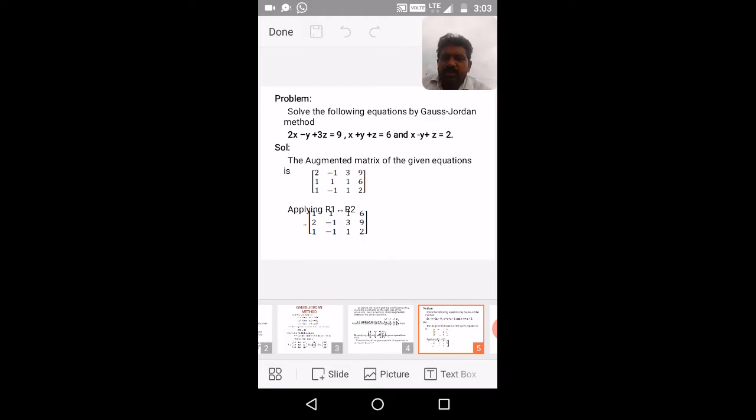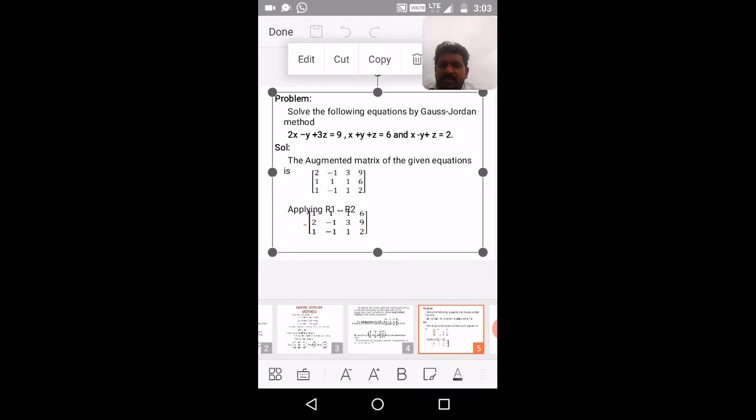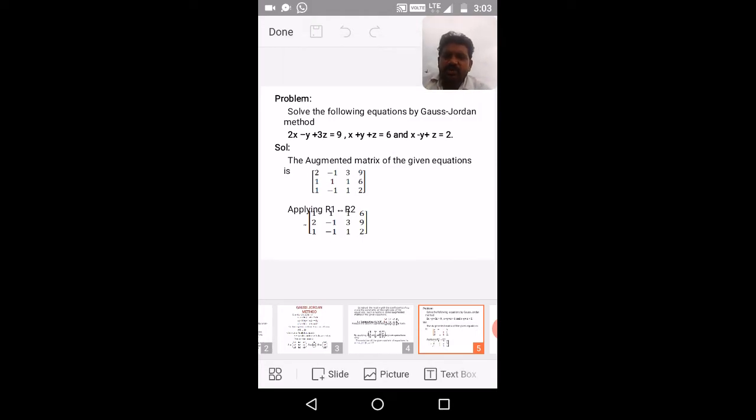So before going to that, one thing I will tell you: how that reduced form can be derived easily. First thing, you have to take care that the first element of the first row should be 1 in the augmented matrix.